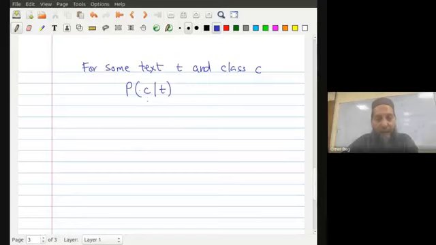We would calculate the probabilities for both of them separately: what is the probability of this text belonging to the negative class, and what is the probability of this text belonging to the positive class? Then we are going to see which probability is higher, so we will be doing some sort of an argmax.